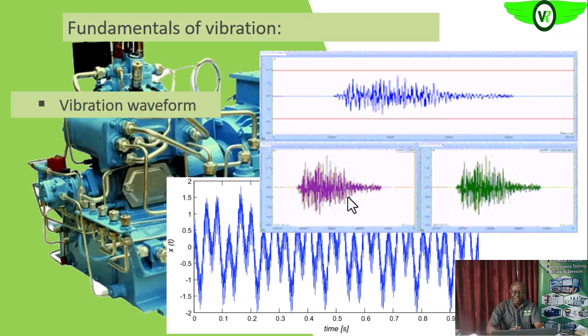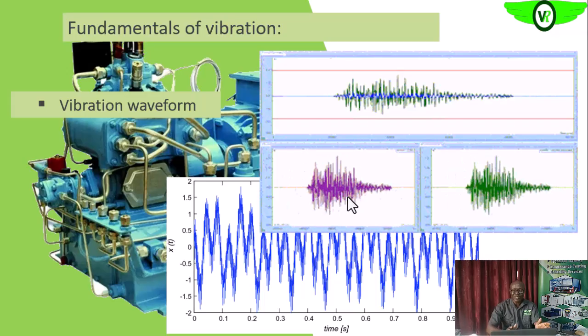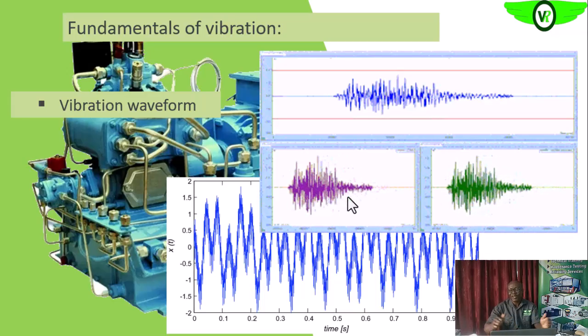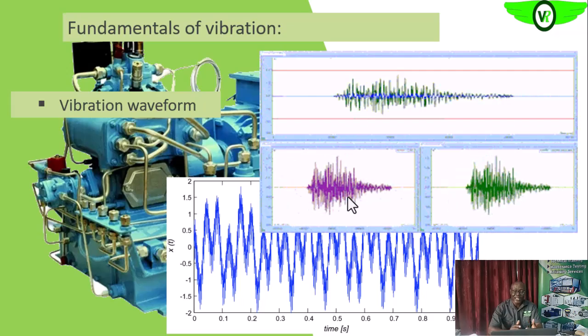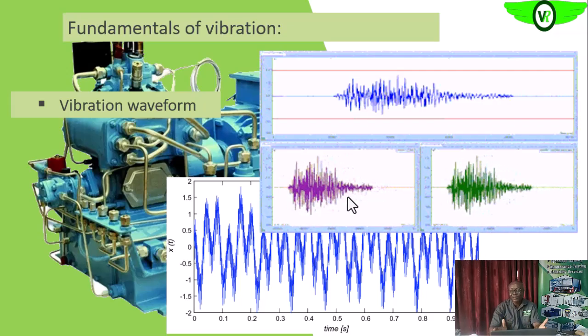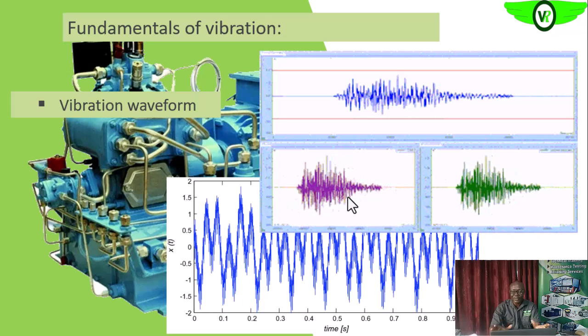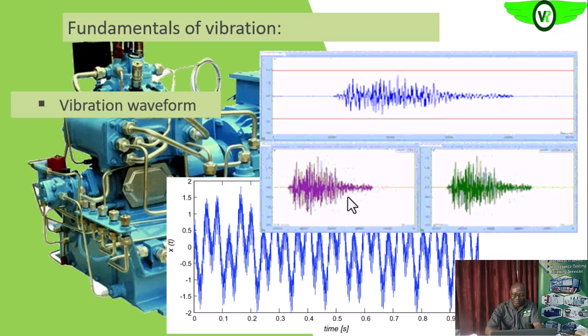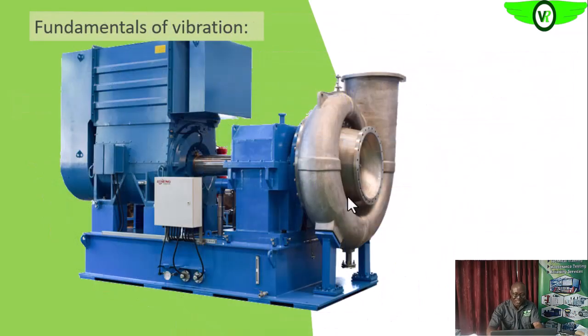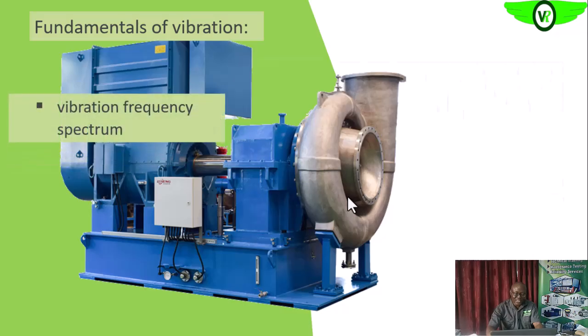In so doing, as we'll see later, we will be able to isolate the individual forcing functions, and it becomes very clear to us which part of the vibrating source or the equipment is contributing to the overall vibration that we are looking at. So we are still on it.